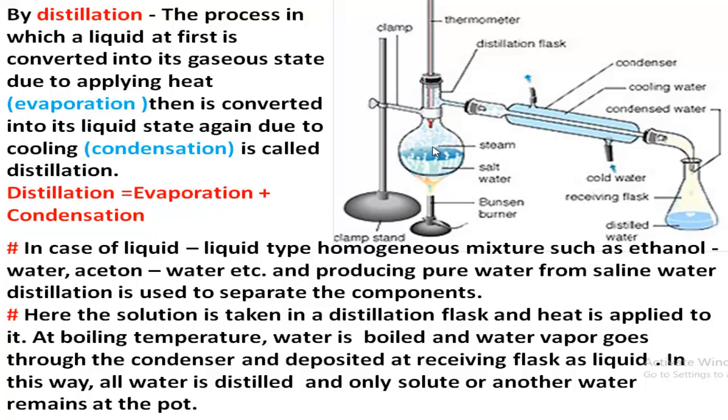Then this is a condenser. Follow here. A narrow pipe is passing through the condenser, and there are two pipes, an inlet pipe and an outlet pipe. What is the work of these two pipes?